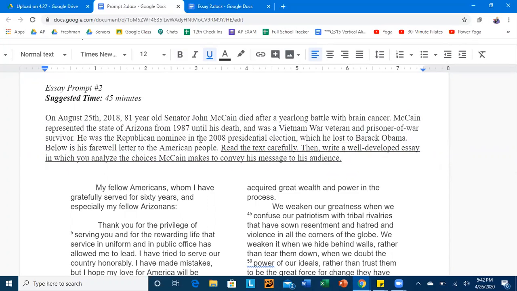This is always the same kind of thing. You're going to talk about the choices that the author makes to convey their message. What was the purpose for speaking? Why was he reaching out to his particular audience? How was he able to convey that message in an effective way and reach his audience?